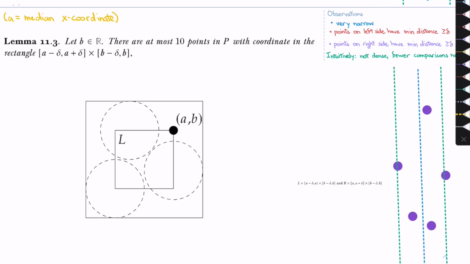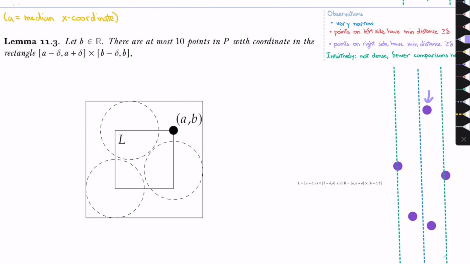Let's say I'm looking at some point on the median, say A comma B. I'm only worried about points that are within distance delta.